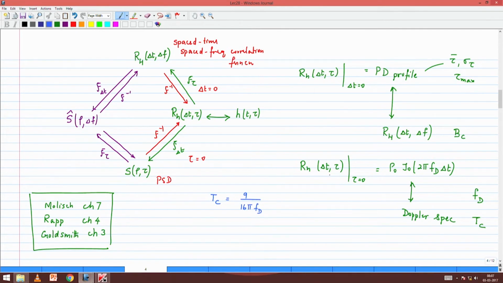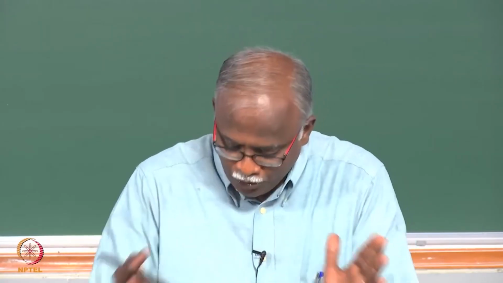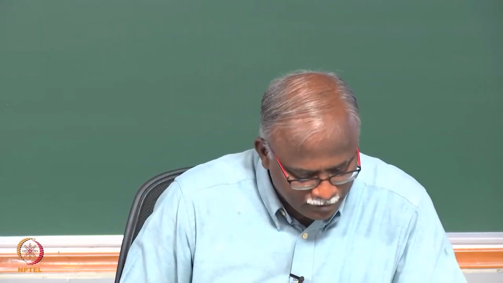Again, as we indicated, that comes from the time variation, which comes from RH of delta t. Now, on the other side, when we had the space-time, space-frequency correlation function, we also were able to relate it to the coherence bandwidth, which is greater than or equal to 1 over 5 sigma tau. And this also ties in very well with our understanding that as sigma tau, as your time dispersion, reduces, your coherence bandwidth is going to increase, which was the intuition that we also got from the Say and Vishwanath example. So therefore, all of this hangs together very nicely.